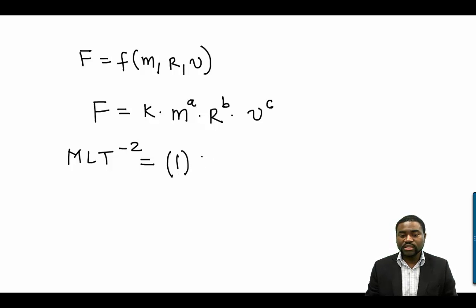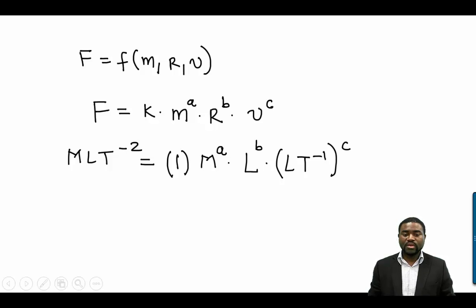The dimension of mass is capital M, raised to the power A. The dimensions of r, the radius, which is a distance, is L, raised to the power B. And the dimensions of velocity is L T to the minus 1, and all of this is raised to the power what? C. So we now have M L T^-2 equal to what?